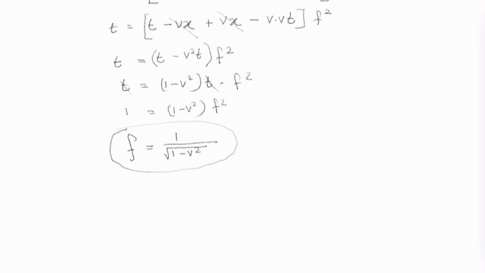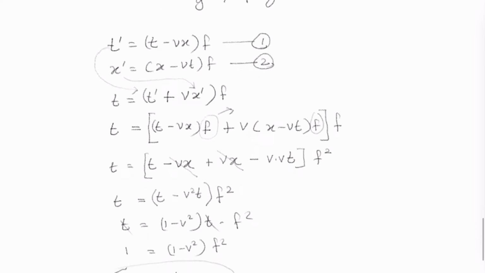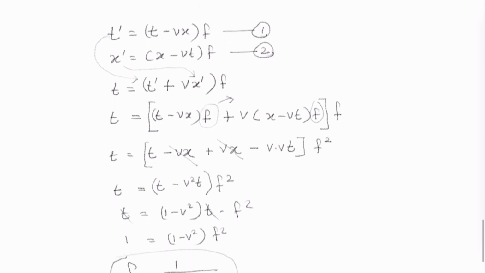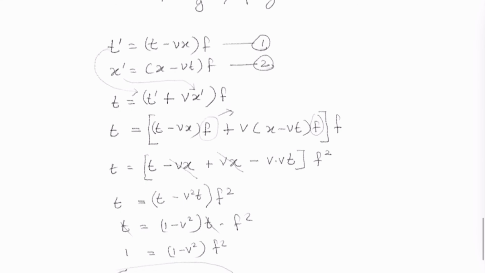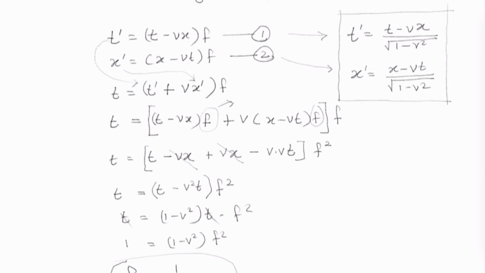In other words, f equals 1 over the square root of 1 minus V squared. So these are our two equations. t bar equals t minus Vx over the square root of 1 minus V squared, and x bar equals x minus Vt over the square root of 1 minus V squared. These are the Lorentz transformations.